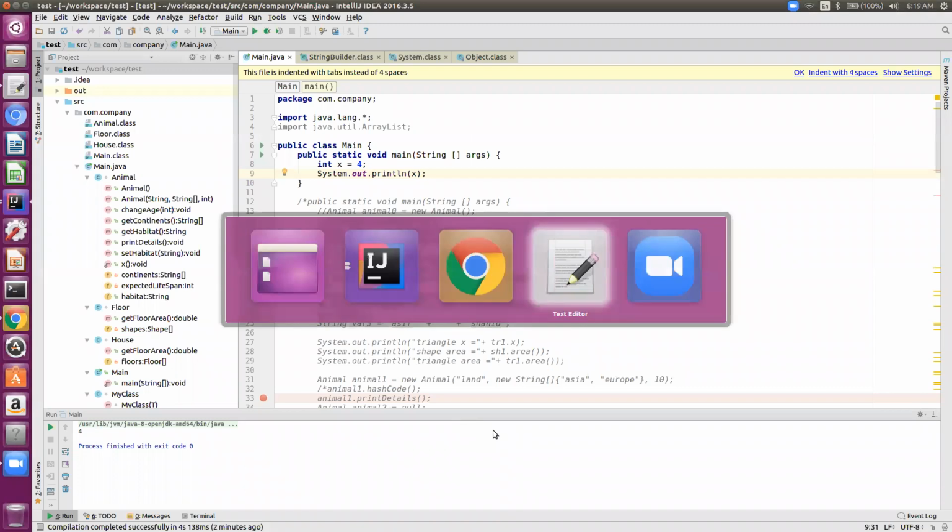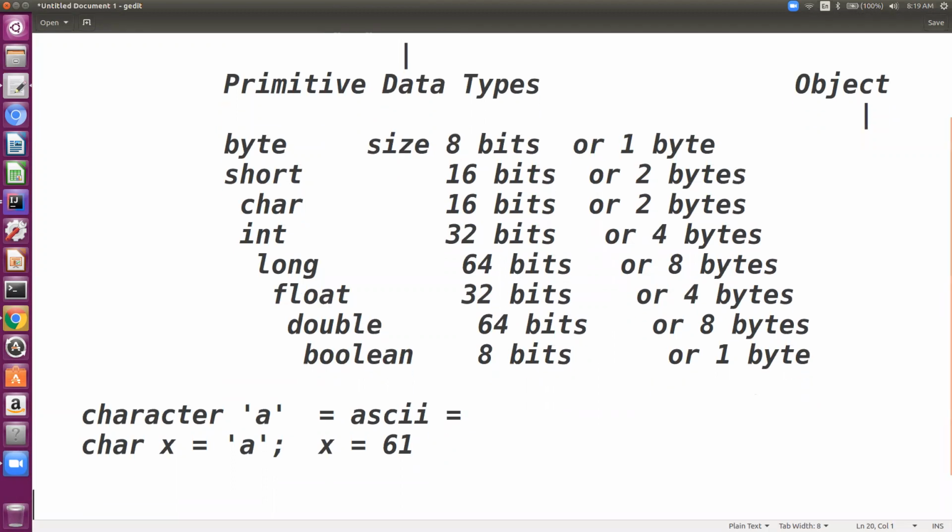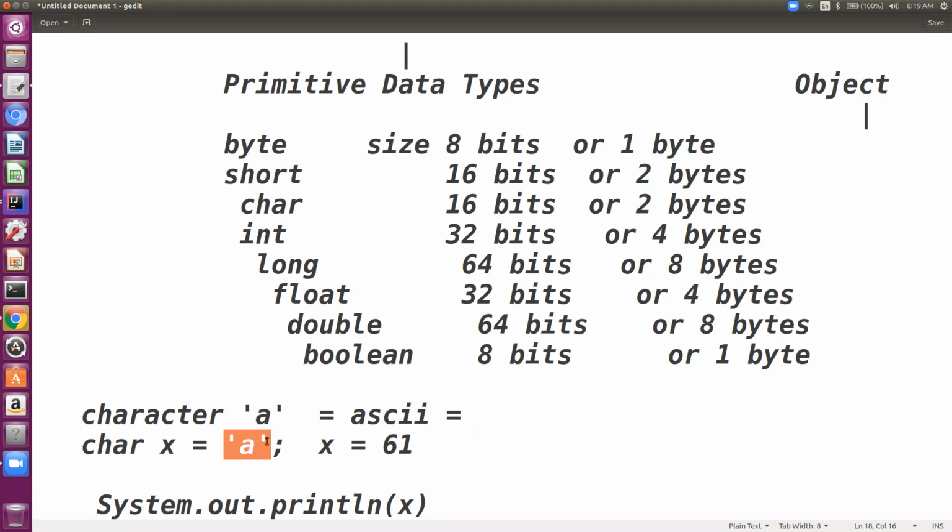But when it comes to printing it, whether writing to a file or showing it on a console, what will it do when I do System.out.println? It will not print 61. It will print A. So the visual representation of char is different from the storage value. That is the main difference between char and a short.